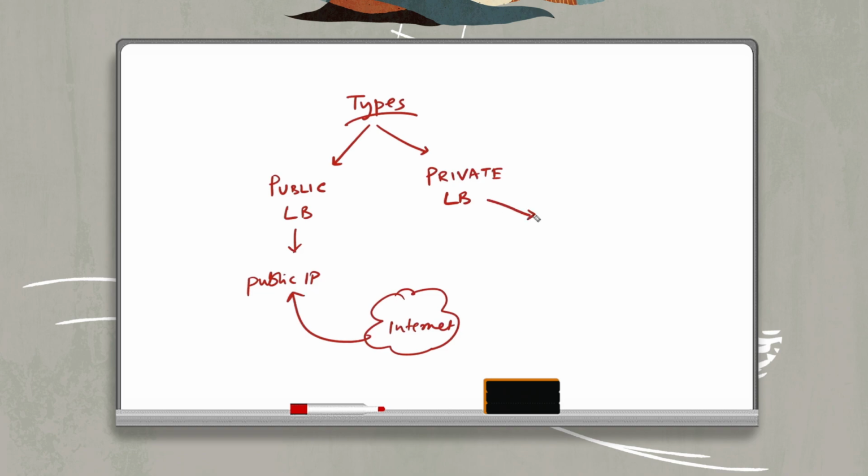A private load balancer will have a private IP, and this IP address will be from the hosting subnet, the subnet inside which this private load balancer is going to reside. And then it is only visible from within the virtual cloud network.